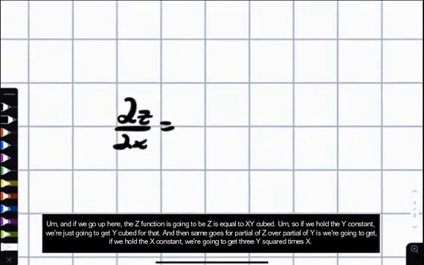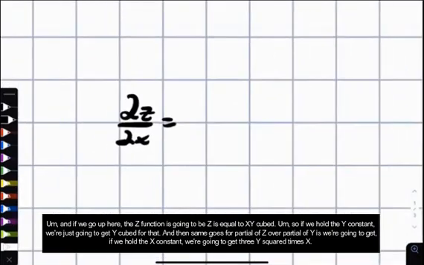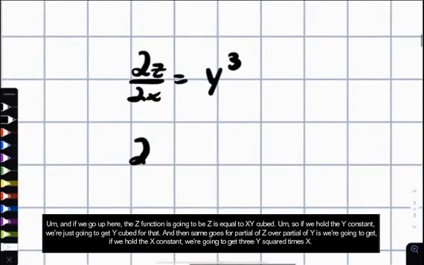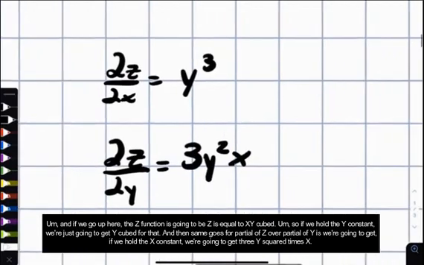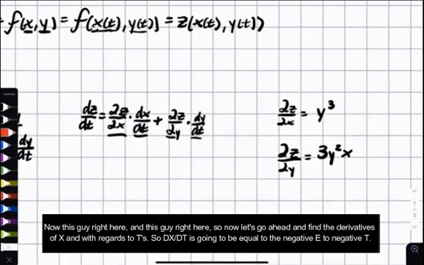So if we hold the y constant, we're just going to get y cubed. And then the same goes for partial of z over partial of y: if we hold the x constant, we're going to get 3y squared times x.